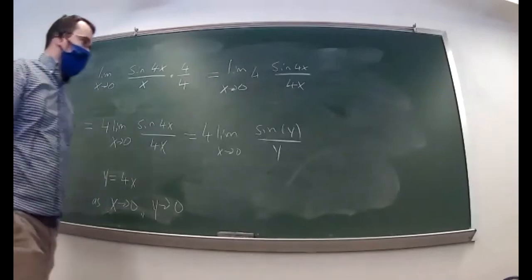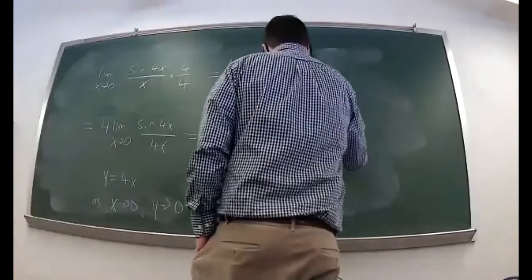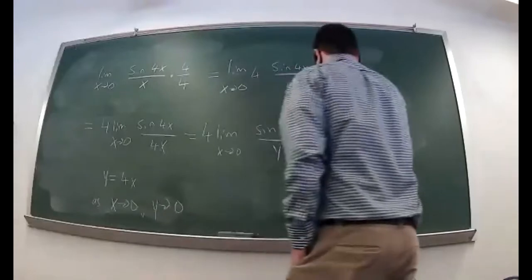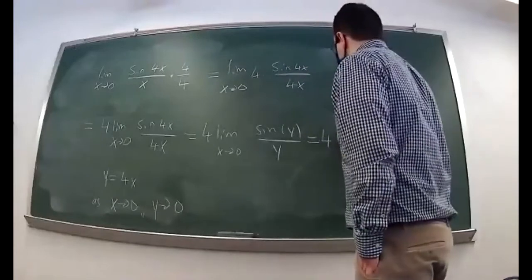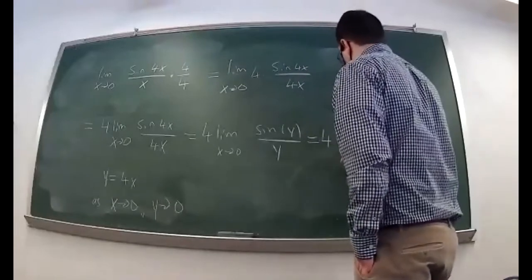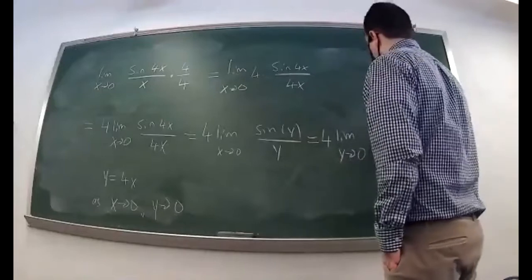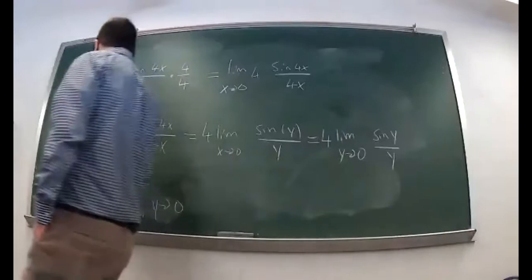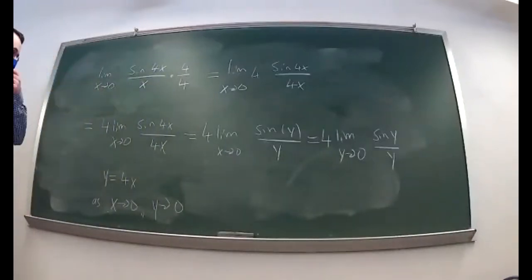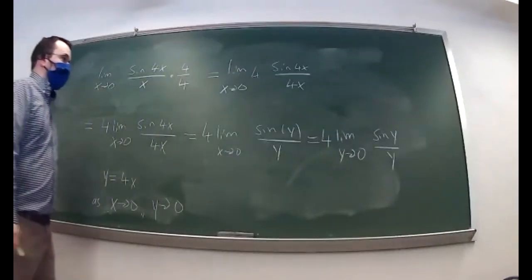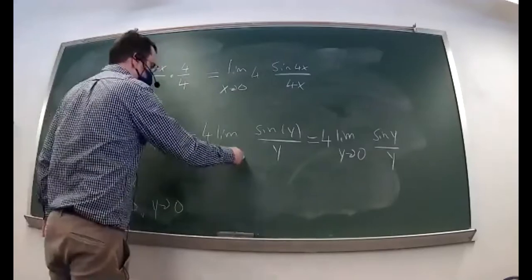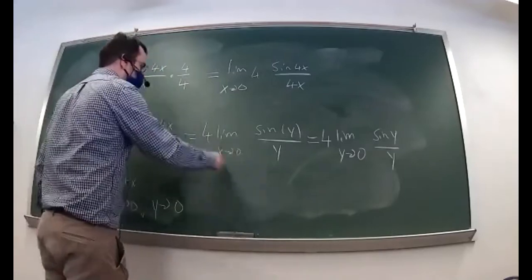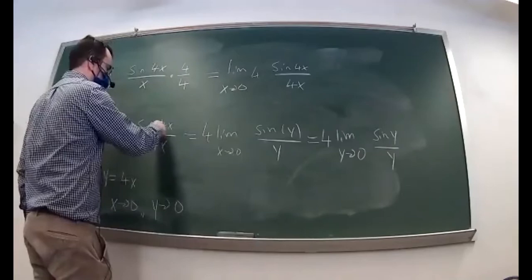And so that's going to let me say, this is equal to the limit as y goes to 0 of sine y over y. That's what made the substitution legitimate. Initially I've got x goes to 0, and I want to replace 4x with y.